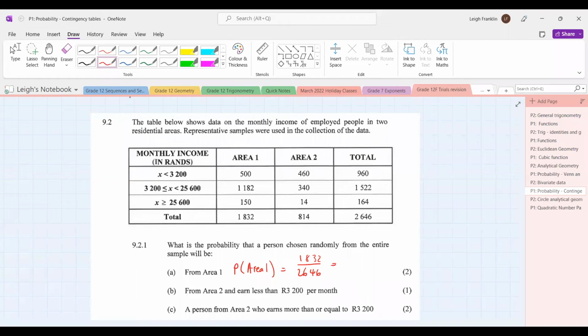Okay, so I'm going to round that to 4 decimal places: 0.6924. Does that make sense to everybody? Because there are 1,832 people that live in area 1. Yep, that's 2 marks.